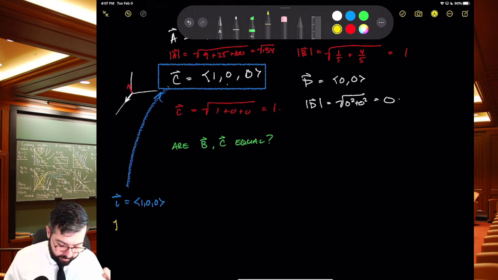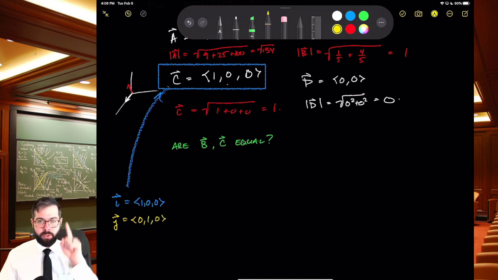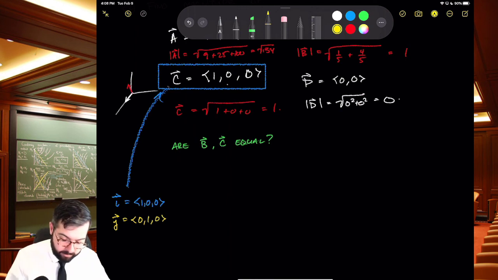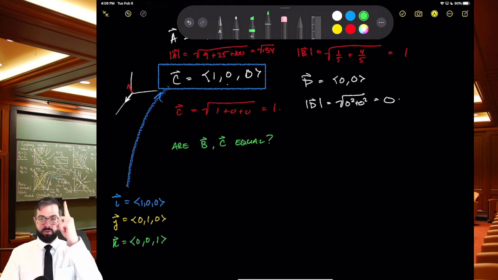And so the follow-up thought there would be that j is 0, 1, 0. It points purely in the y direction with a magnitude of 1. And then k is 0, 0, 1. It points only straight up in the z direction with a magnitude of 1.